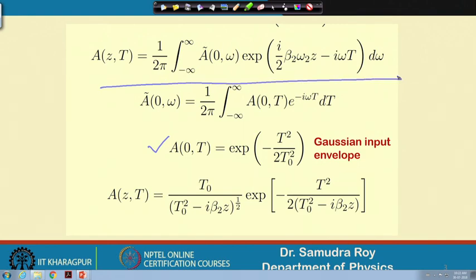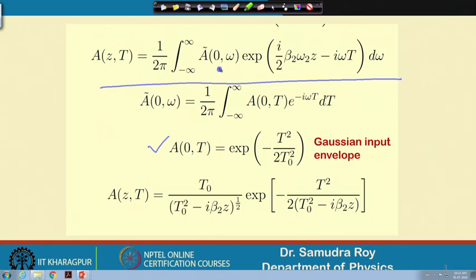A(T) is the solution for the pulse envelope in the time domain, and to find it we need the information at A0(omega), which is the frequency component of the wave at z equal to 0.